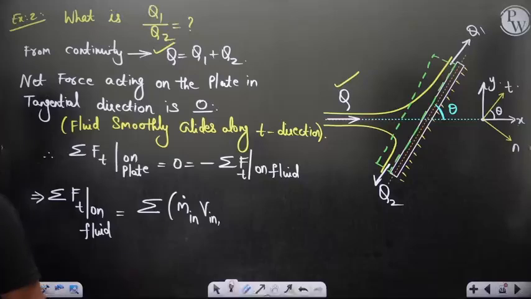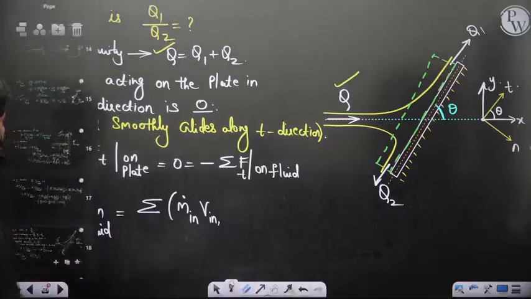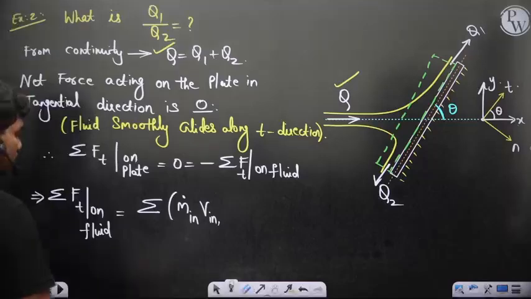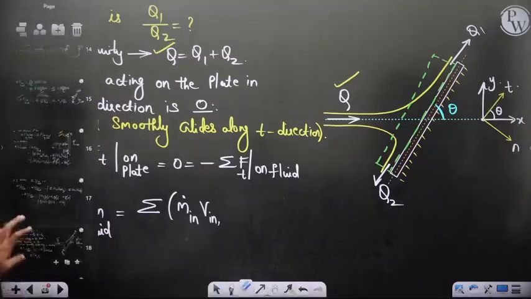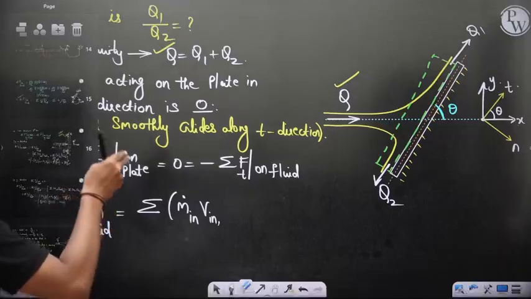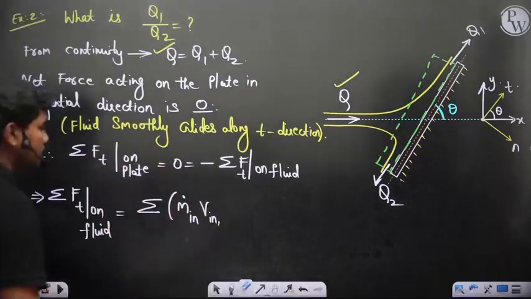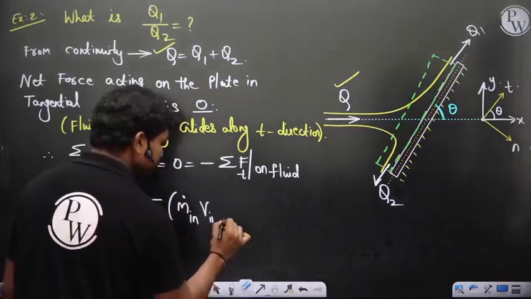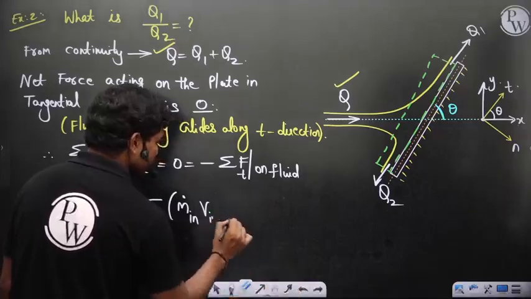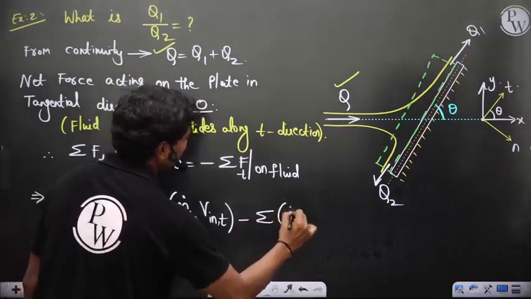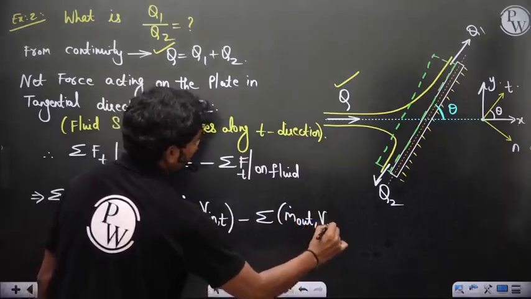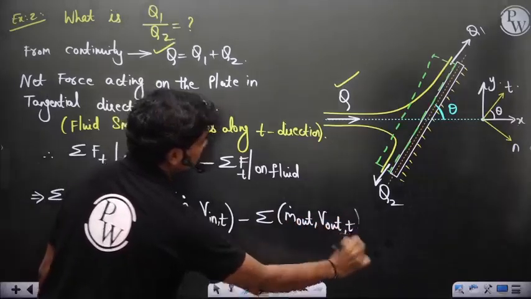Out minus in; I always get confused between these. Normally, for the body, it is out minus in, so this is in minus out now. Yes, correct. So sigma F on fluid is summation m dot in V in the t direction minus summation m dot out V out in the t direction. This is what we have.